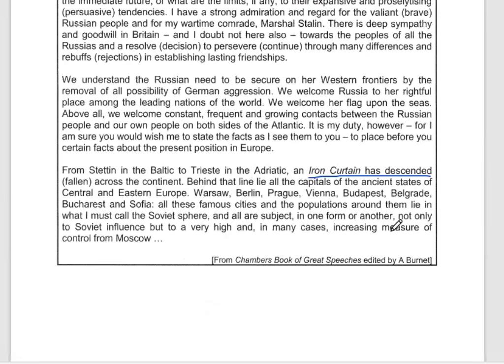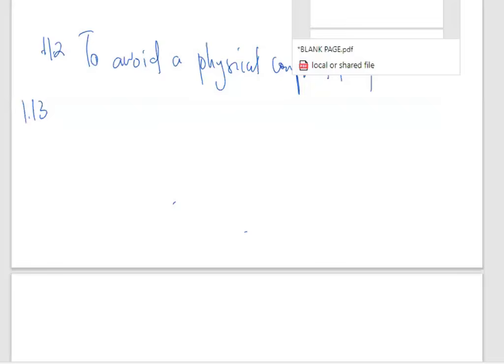We are asking what the iron curtain is in the context of this given scenario. We are told that the iron curtain has descended or fallen across the continent, which implies that it was something that had befallen the continent of Europe.